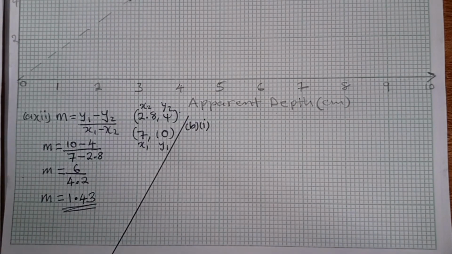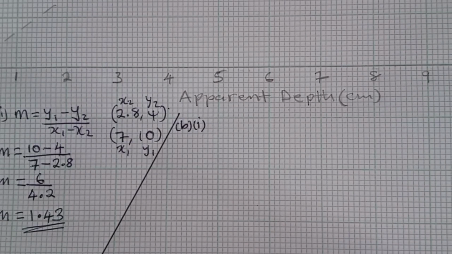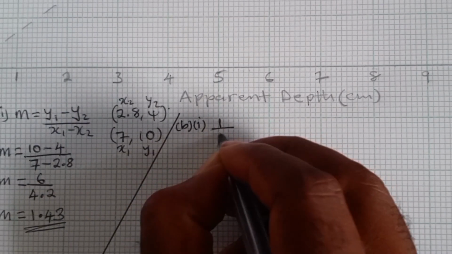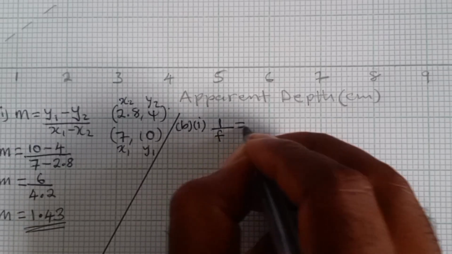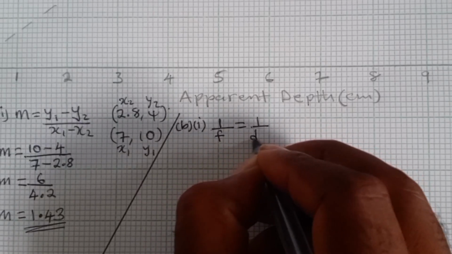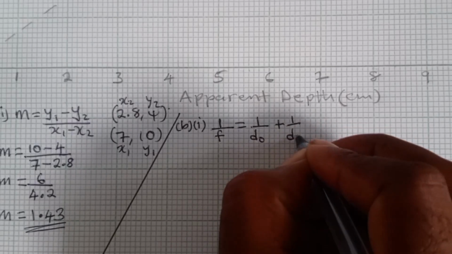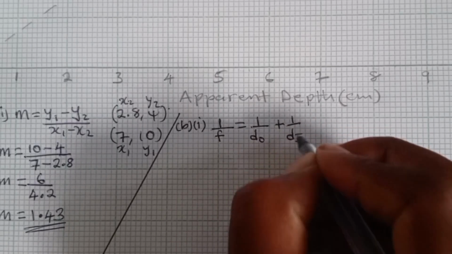So B1, an object is placed from a biconvex lens of focal length 20 centimeters. How far is the image from the lens? The formula that we need to use here is 1 over focal length is equal to 1 over distance of the object plus 1 over distance of the image.